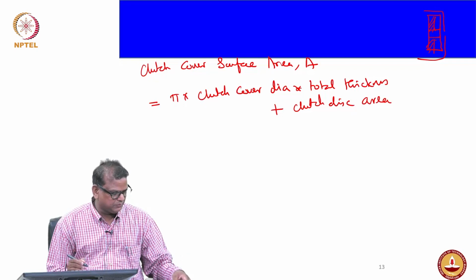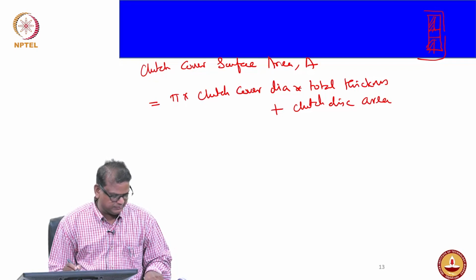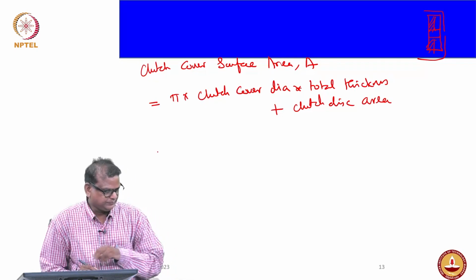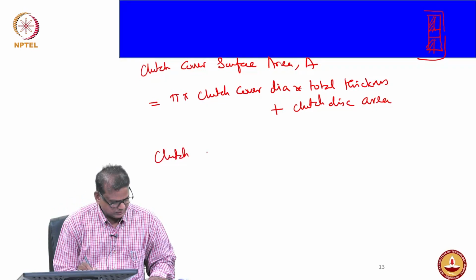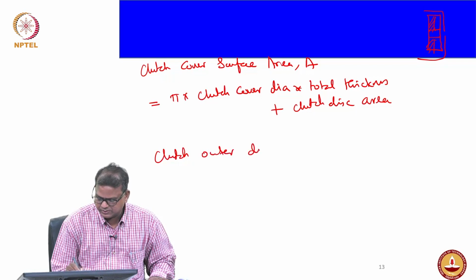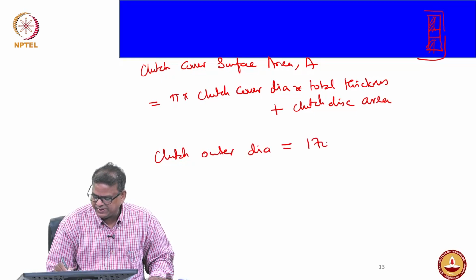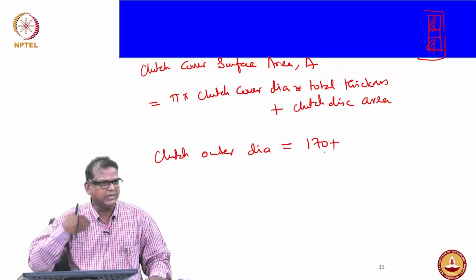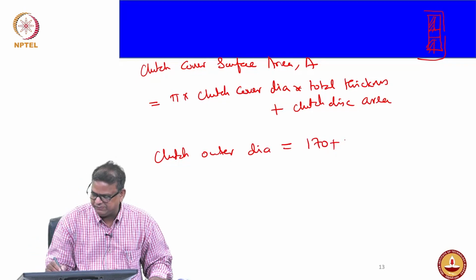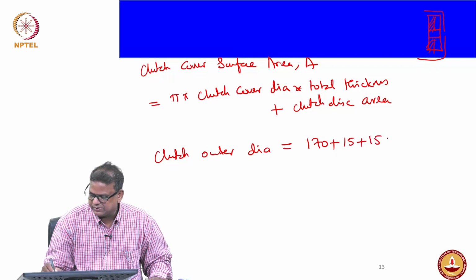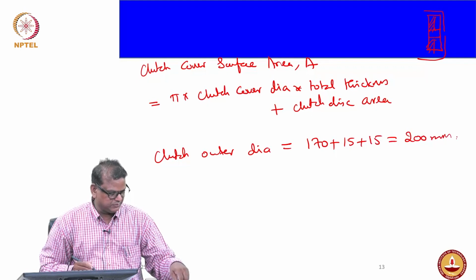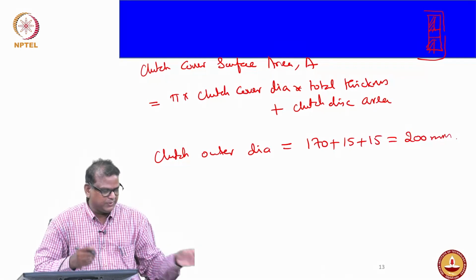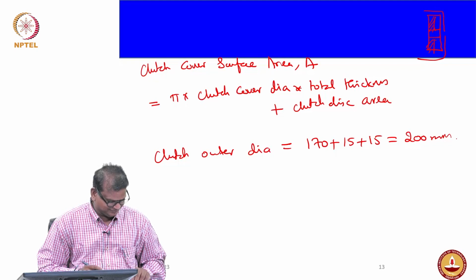So can you find out what will be the clutch cover outer diameter? 170 is the outer dia, and we are giving an allowance of 15-15, outer and inner, that should give us 200 millimeter. And how about the thickness?